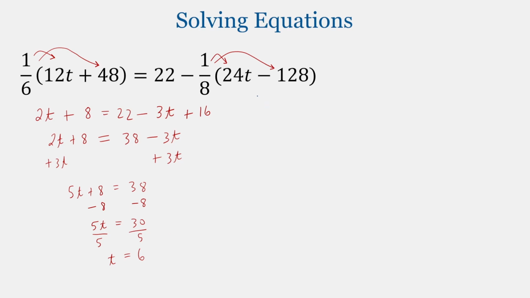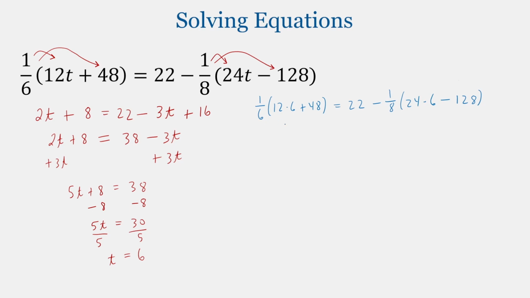Then checking the answer, we have 1/6 times 12 times 6 plus 48 is equal to 22 minus 1/8 times 24 times 6 minus 128.